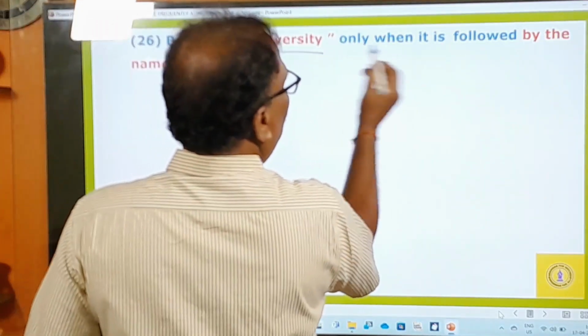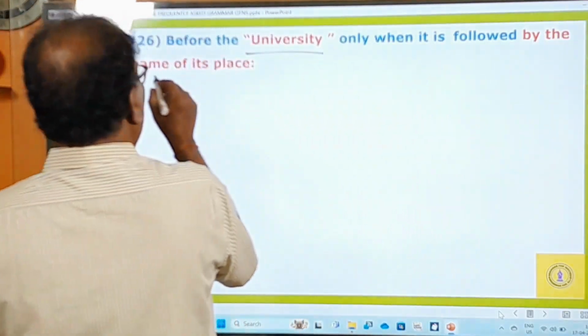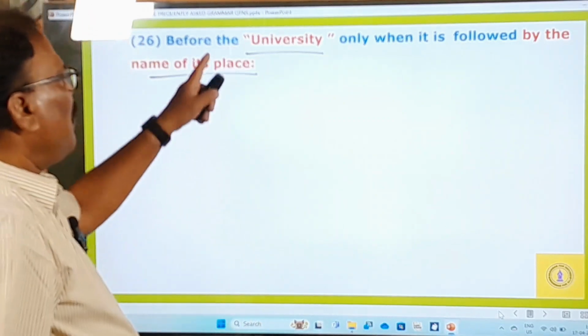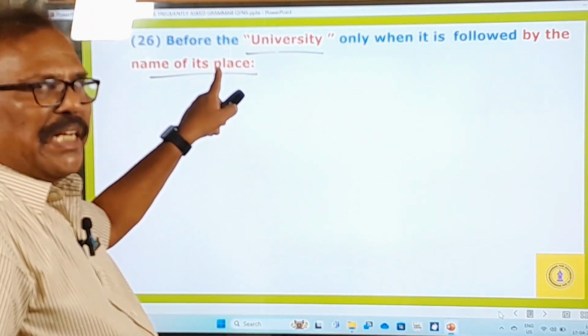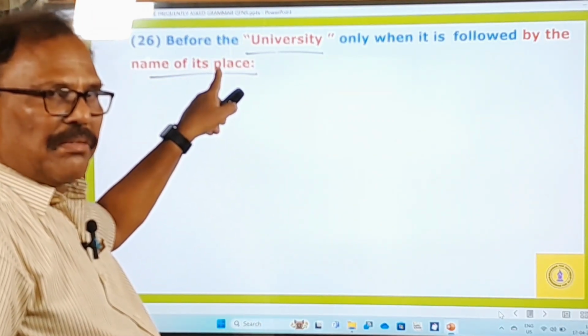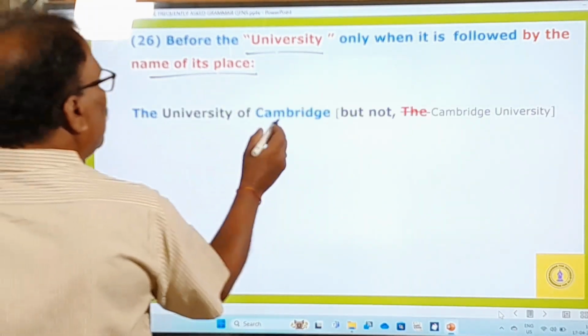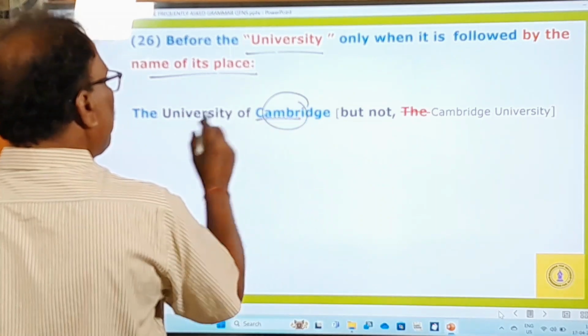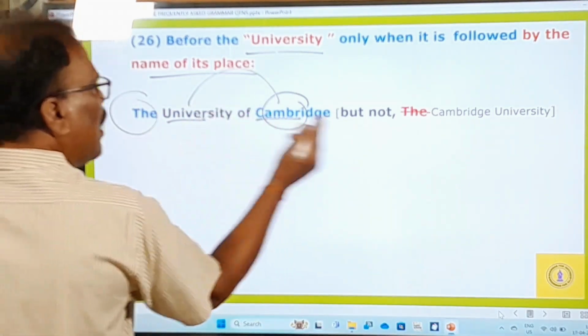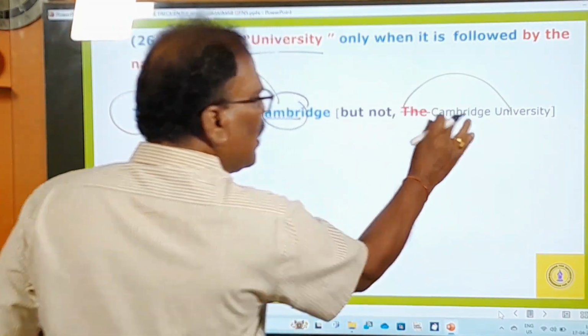Before the university, the definite article is used only when it is followed by the name of its place. For example, the University of Cambridge. Cambridge is the name of the place. You cannot say the Cambridge University. It's wrong to say that.